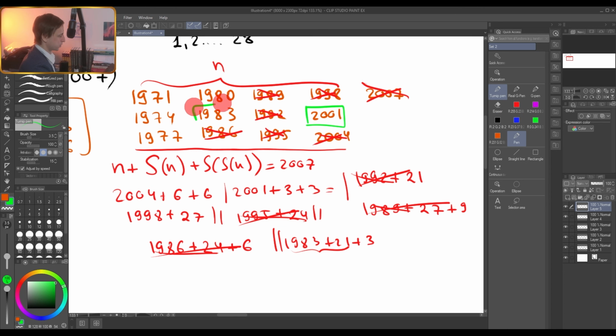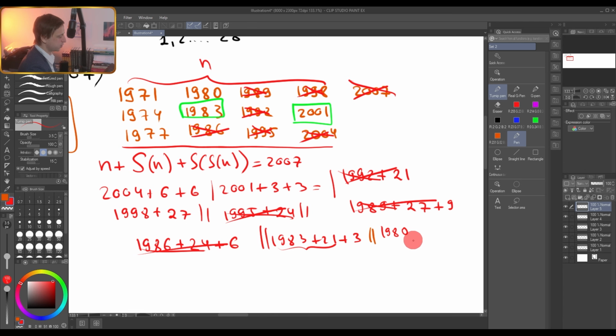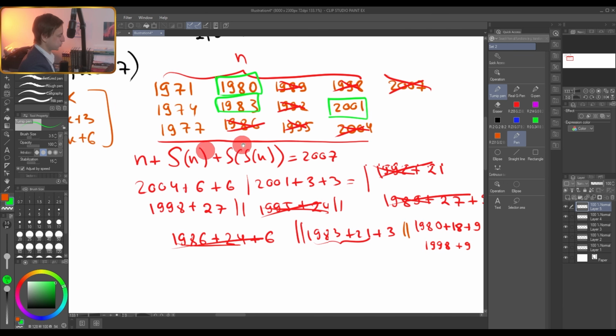Yeah, this is one that works for us. 1980, let's look at 1980. The sum of the digits here is 18 plus 9. Okay, so let's look at this one. It will be 1998 plus 9, 2007. Works for us. It works perfectly. It's also a working option.